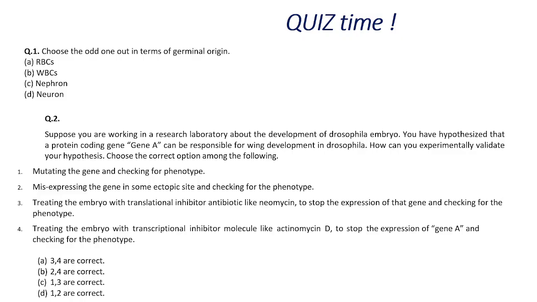Yes, so RBC, WBC, and nephron structures are mesodermal, whereas neurons are primarily ectoderm derived. So neuron is the odd one out.